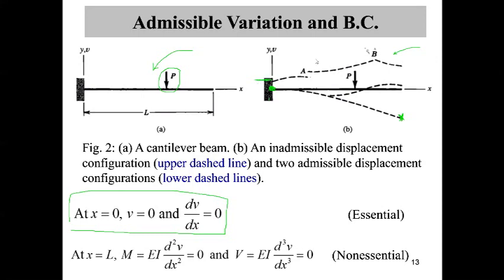It also violates the continuity equation at two locations: the discontinuity at A and the gap at B. The lower two curves are both admissible configurations. However, only the lowest curve seems physically reasonable. Please note, neither of the lower two curves need satisfy the non-essential boundary conditions.